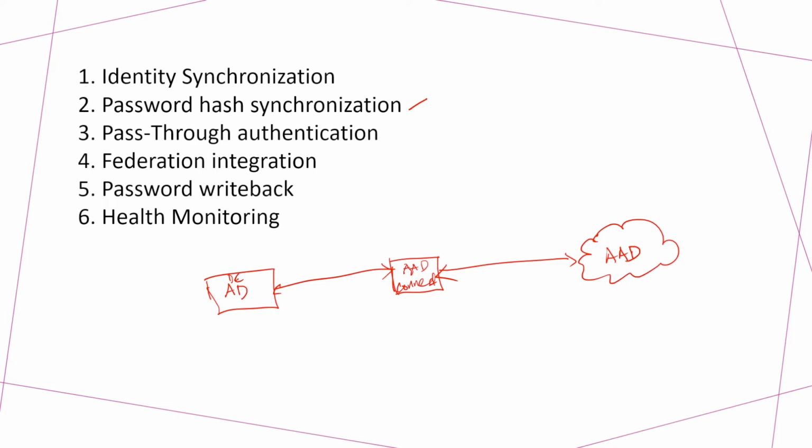So how the password hash synchronization works, please pay attention to this one because it may be asked in the exam. Everything works in the background. So first the password hash will get synced to your Azure AD. It will be an encrypted communication between those two.